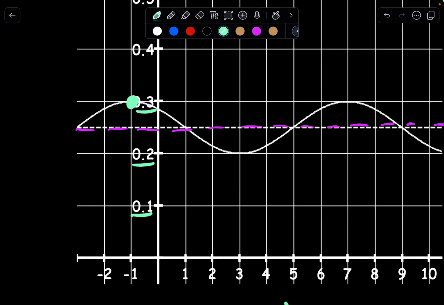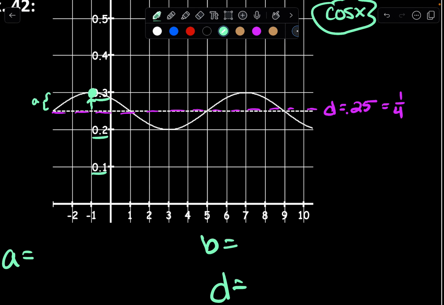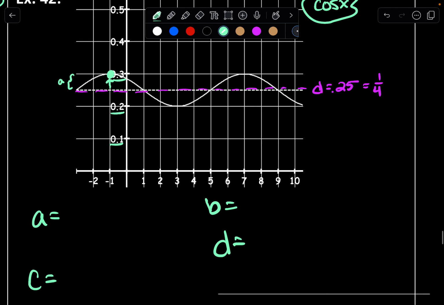And then from here, just like we did before, I can use the midline to find my amplitude. My amplitude is going to be the space in here. So I'm going from 1/4 to 0.3. Let's see. Well, I guess I should have stayed in decimal land. It'll be easier to find this.